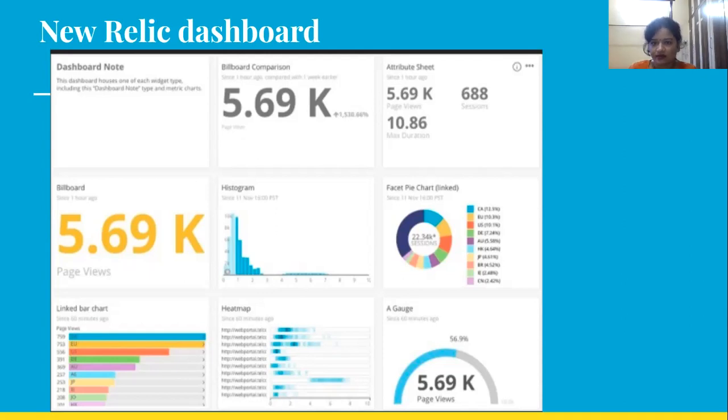Then similarly, we can go on adding other types of charts and keep analyzing the different data. So that is the basic concept of New Relic.